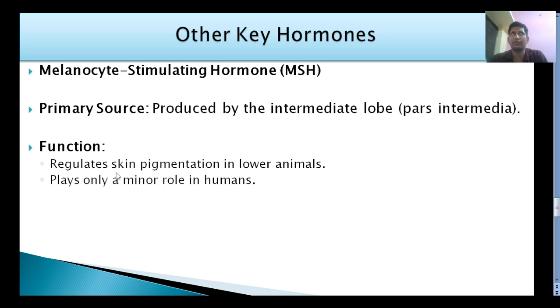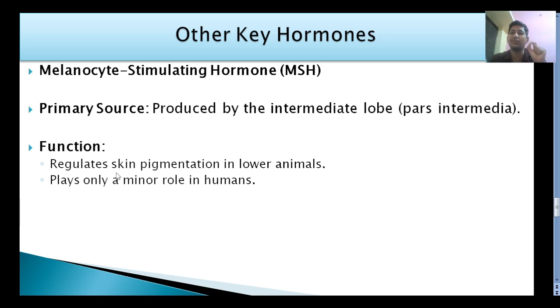For example, we know that fishes and amphibians, frogs, are very colorful. Especially if you visit an aquarium, you can see the brilliant coloration of fishes. Who is responsible for production of this color? It is because of MSH.